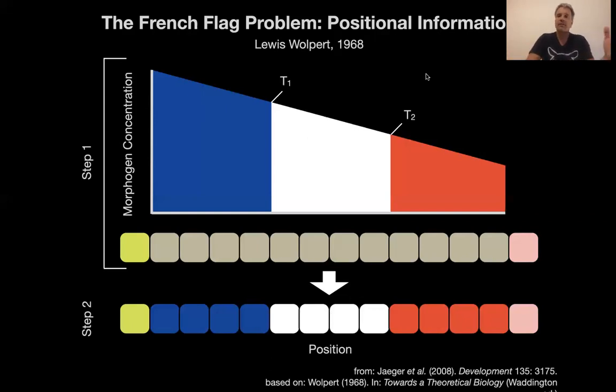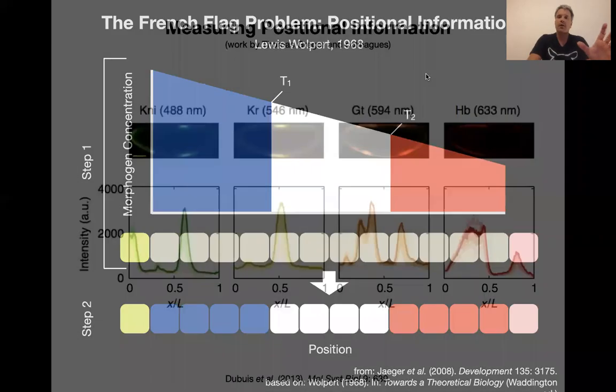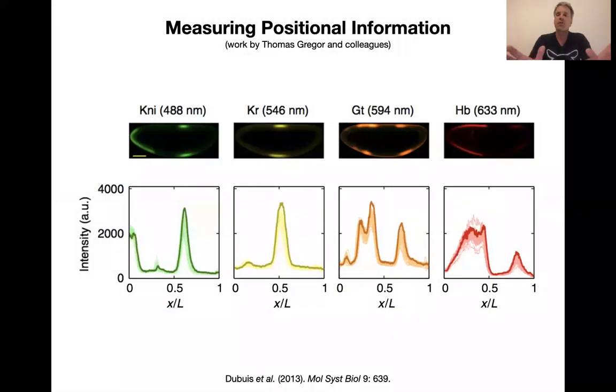And you can actually formalize this. Recent work by Thomas Gregor and colleagues has shown this. What they did is they measured the expression patterns of the gap genes. Here are pictures of embryos, head to the left, tail to the right, in a sagittal section through the middle of the embryo.